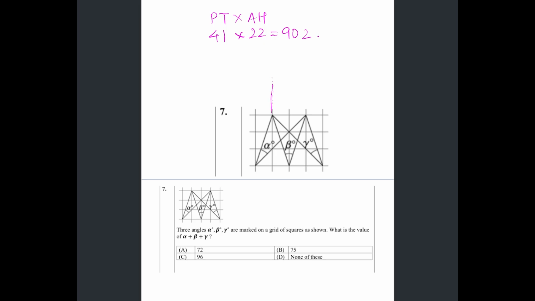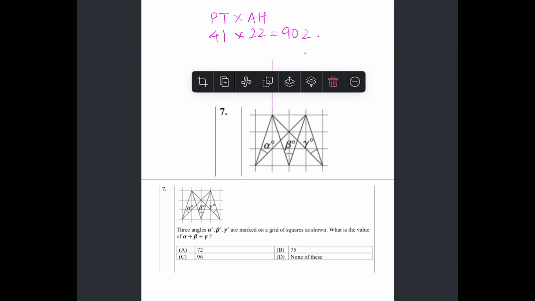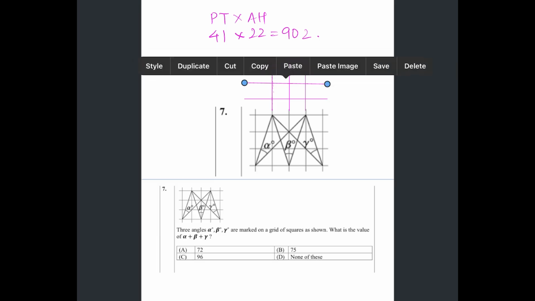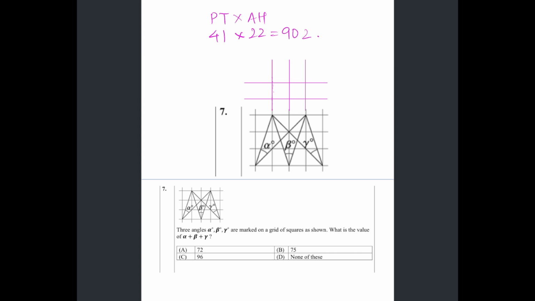So let's extend this. Right, so we can flip this to the other side.